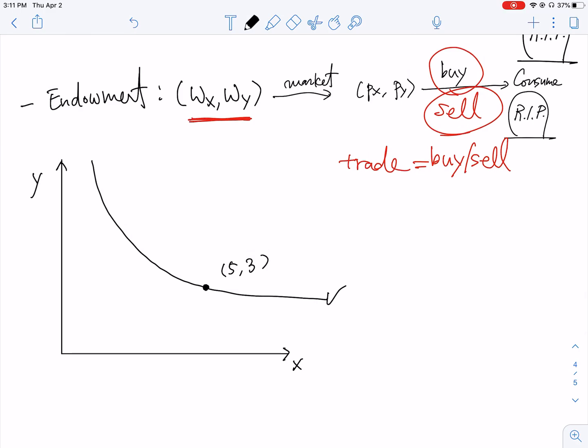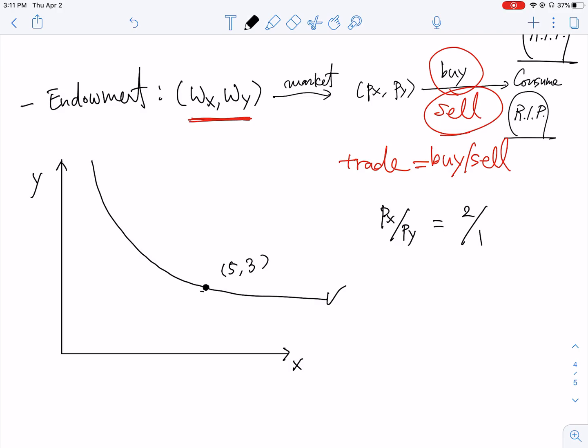But you can also trade. So let's say px over py is 2 over 1. Then what can you do?